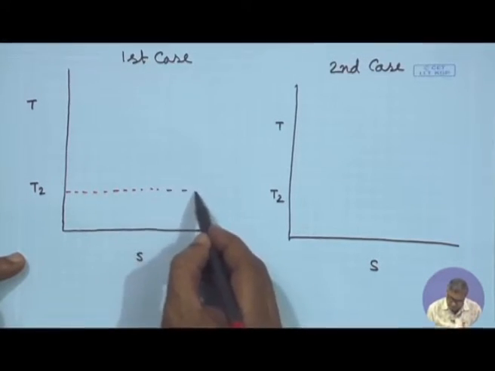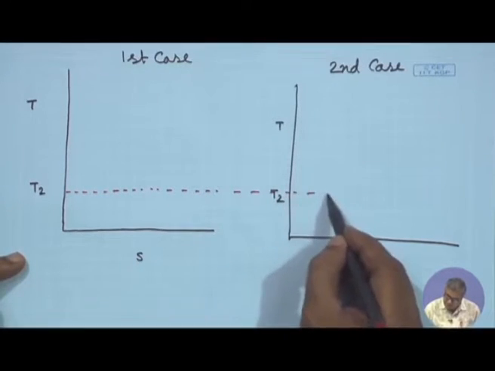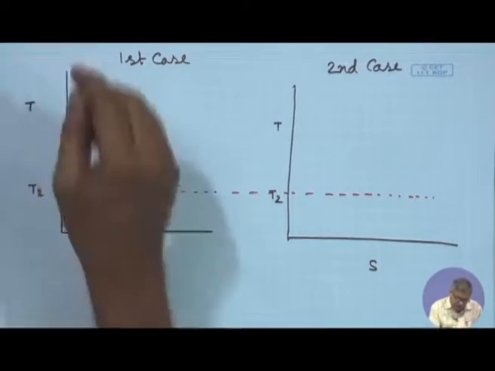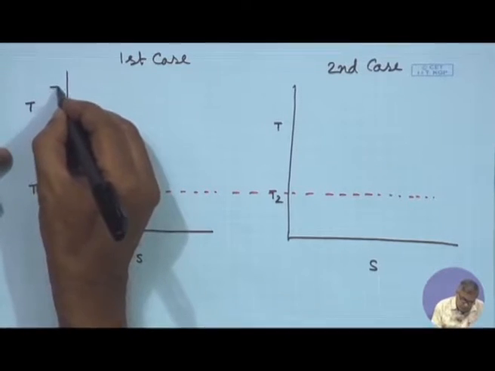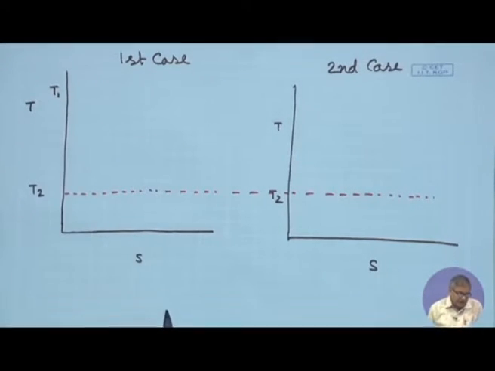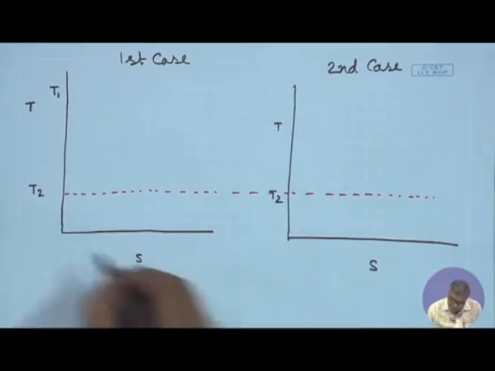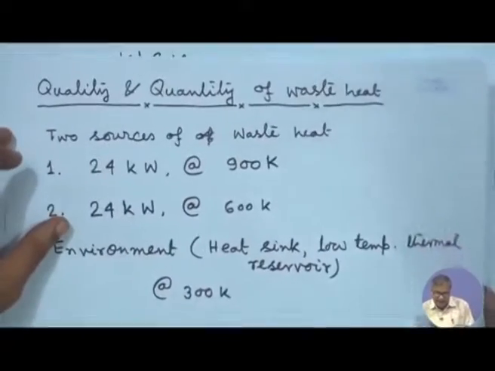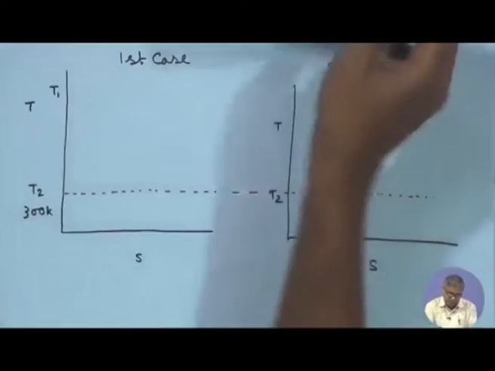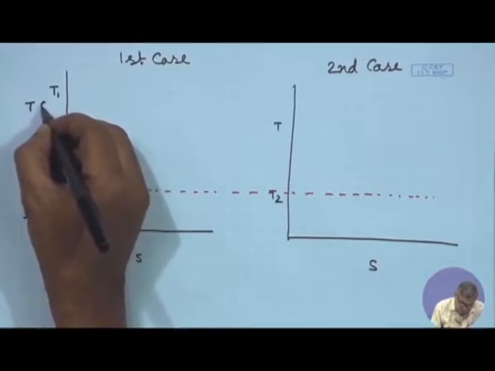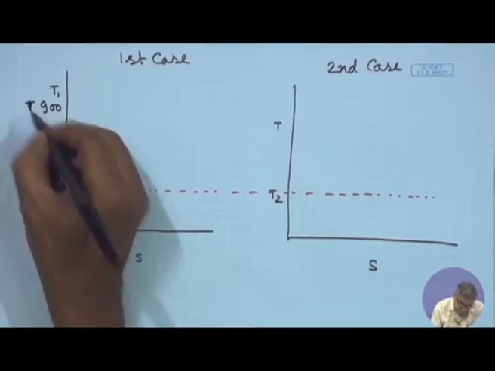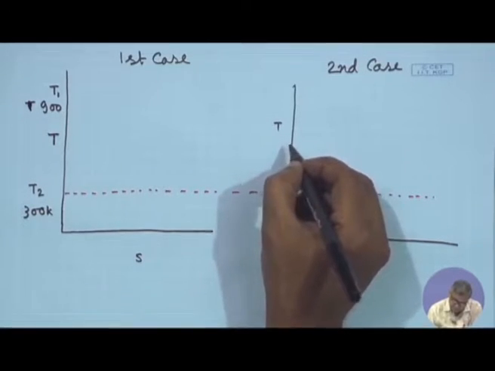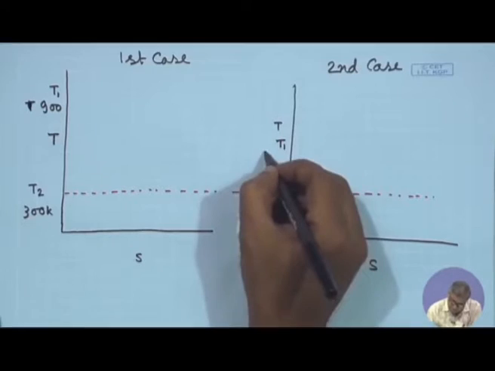So, let us say this is at 300 Kelvin. In the first case, T 1 we had at 900 K, if you recall. So, this is your 900, let us put T here, and in the second case T 1 is 600.